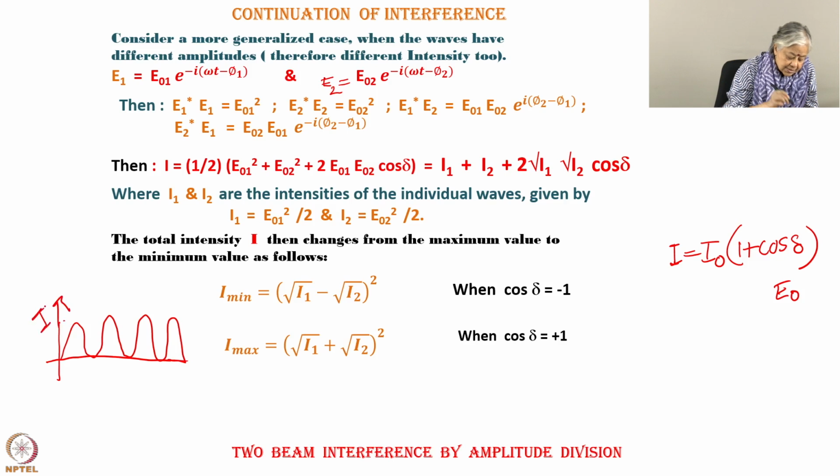This is my intensity. Because of that cos delta term, it is changing like this. And this is my I maximum. And this is my I minimum.